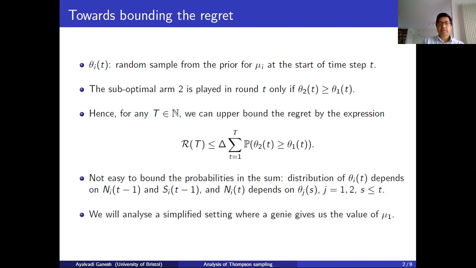The genie gives us the value of mu1, and we have to decide when to play arm 1 and when to play arm 2. And a priori, we know nothing about arm 2, so we start with a beta 1,1 distribution for the parameter mu2.